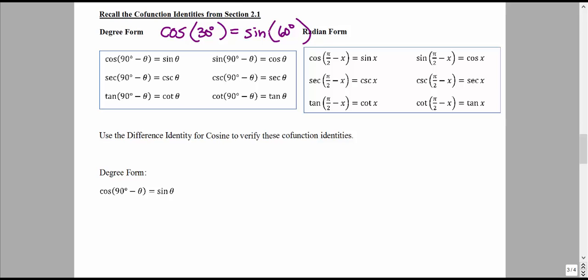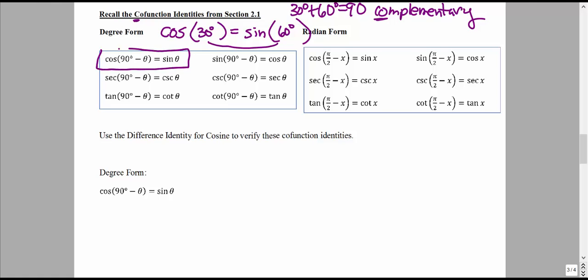So the cosine value of 30 degrees would be equal to the sine value of 60 degrees, since these two angles add up to 90 degrees. We call these complementary angles.